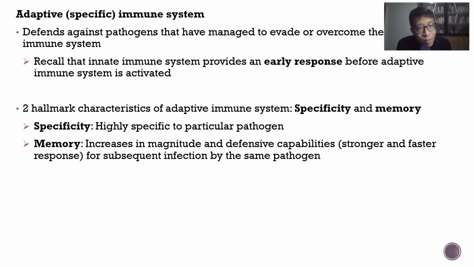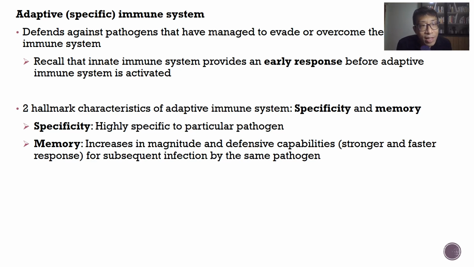For the adaptive immune system, different cells have a slightly different receptor that recognizes different epitopes of different antigens on different pathogens. So each cell in the adaptive immune system is highly specific to its own epitope.